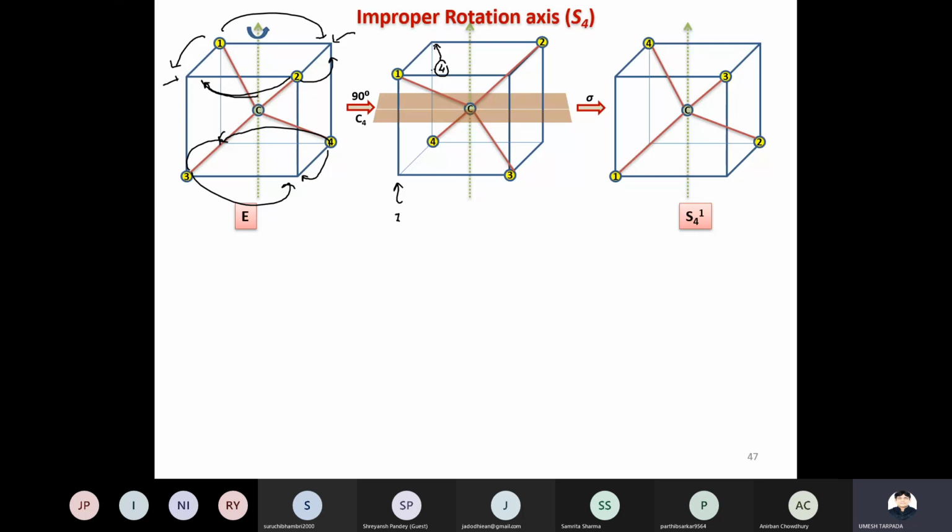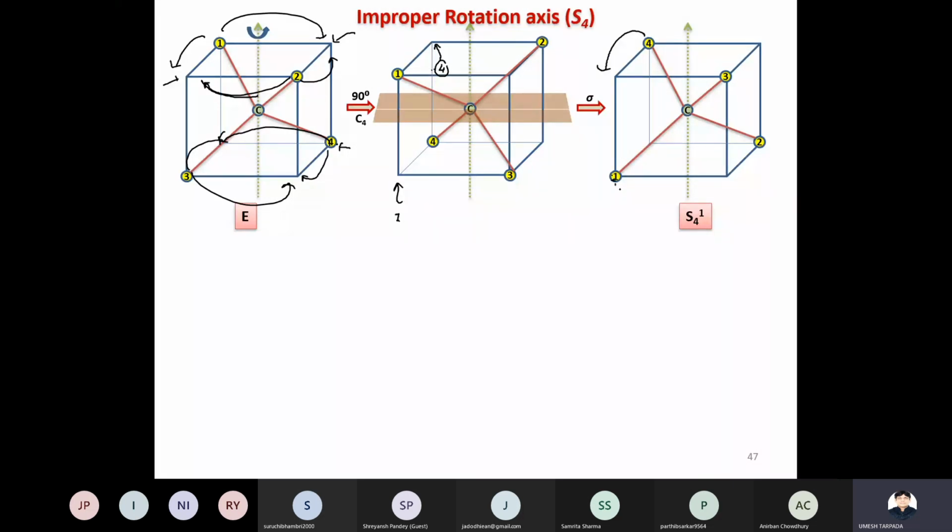What happens? See, simply, what is the logic? Here hydrogen number 4 is below the plane. You can just shift it to one place and write it on the upper part. Suppose I want to directly write down the second-time process. Then I can shift 4 here and write it below the plane at the position of 1.